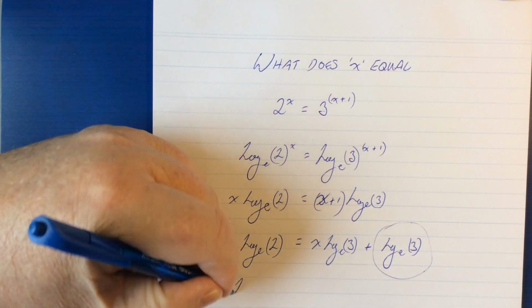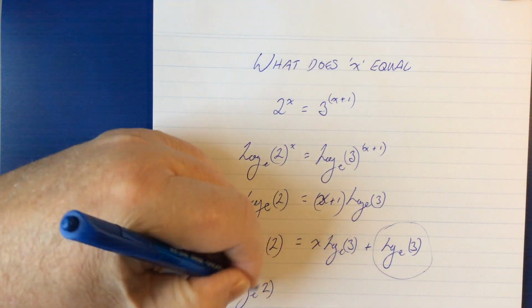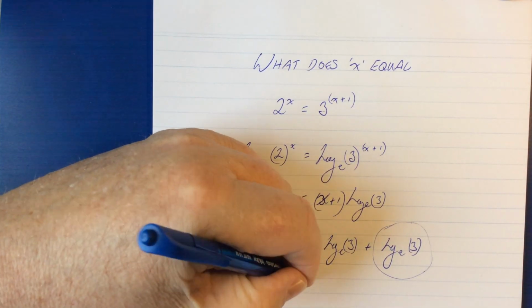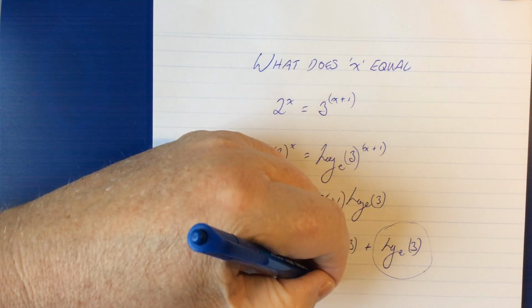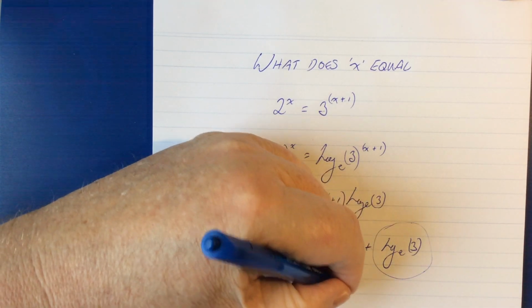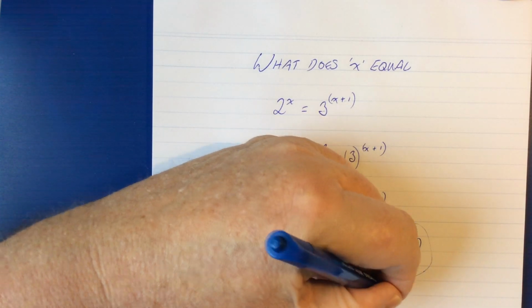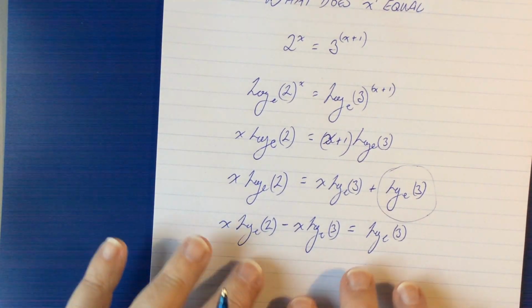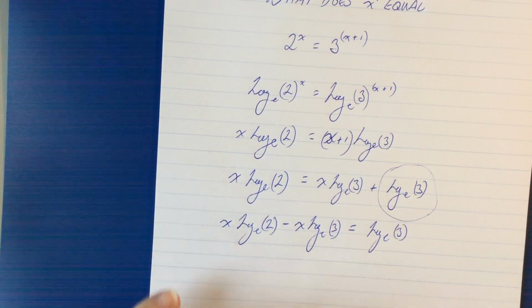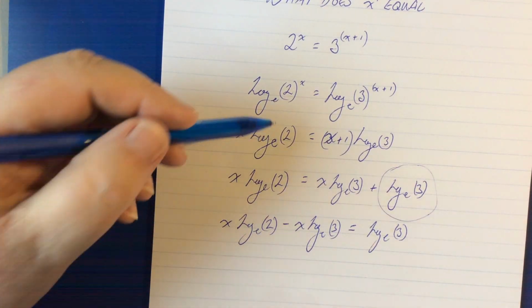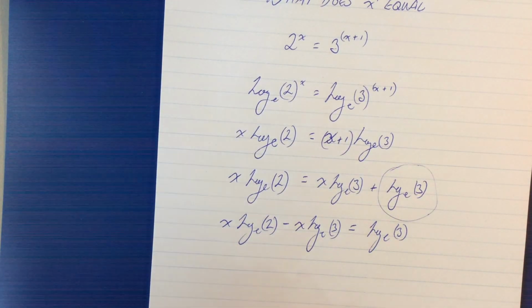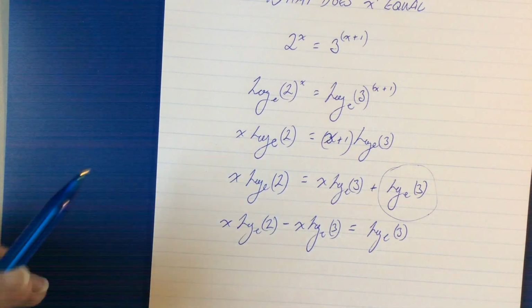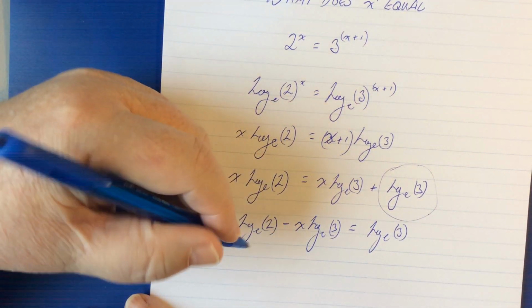So x log e of 2 minus x log e of 3 is equal to log e of 3. That's the critical move here. And again, I just repeat, I'm just rewriting this proposition over and over again to get it into a state in which I can work with it.